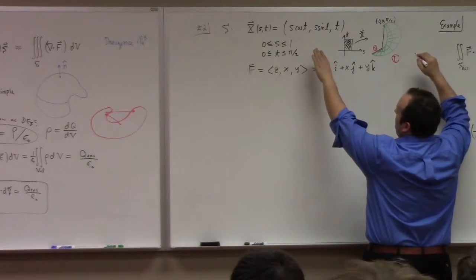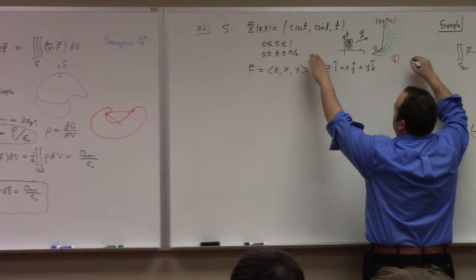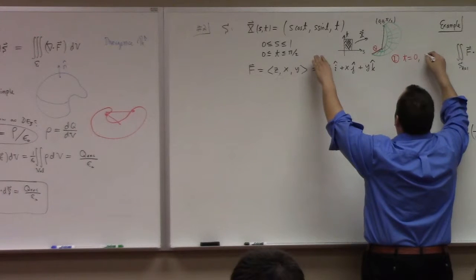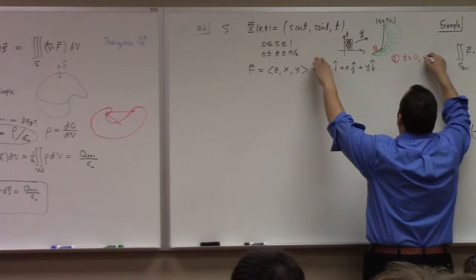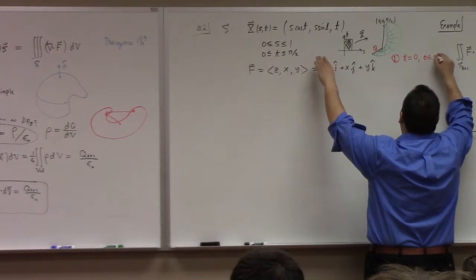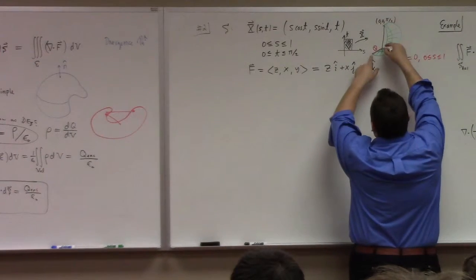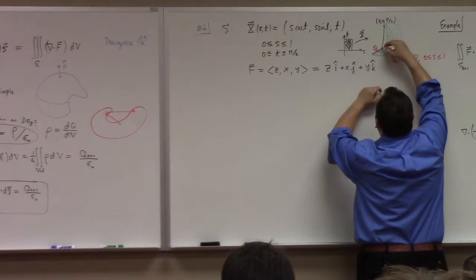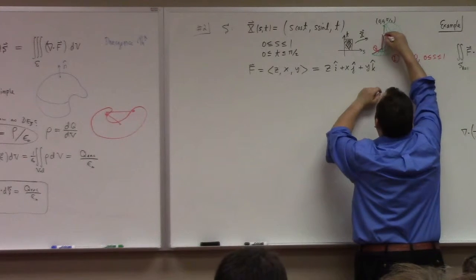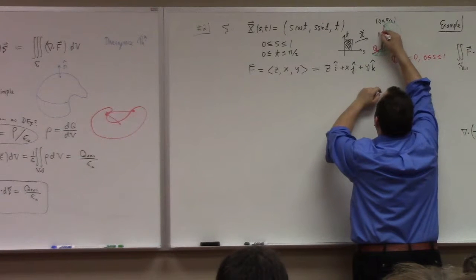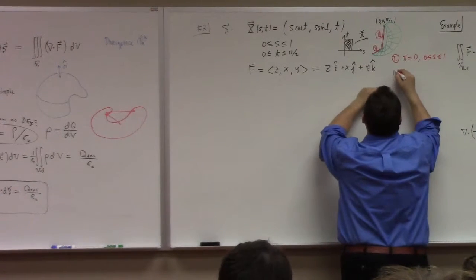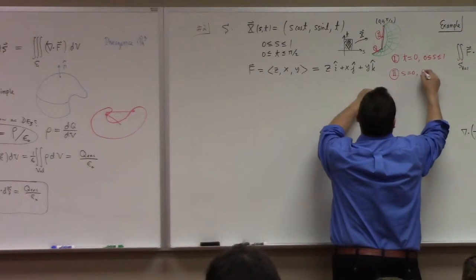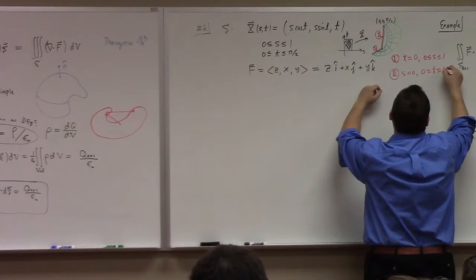That would be t equal to 0, right? s ranges from 0 out to 1. And then let's see here, I can also look at this piece here. Let me call that 2. For 2, we have s equal to 0, and 0 less than or equal to t less than or equal to pi over 2.